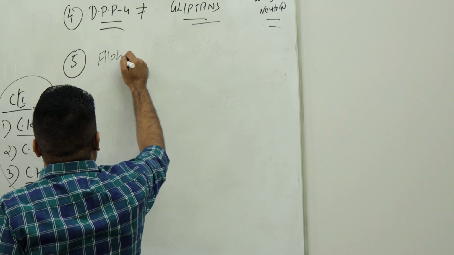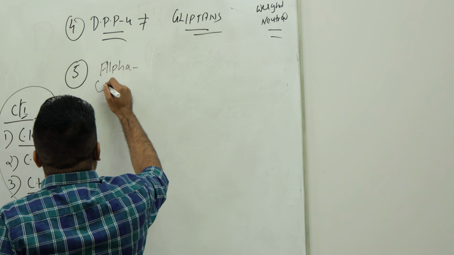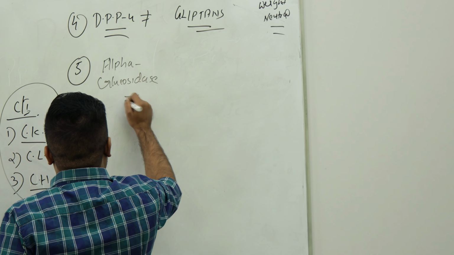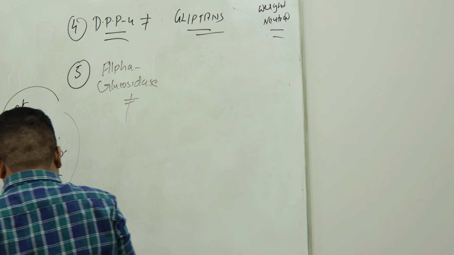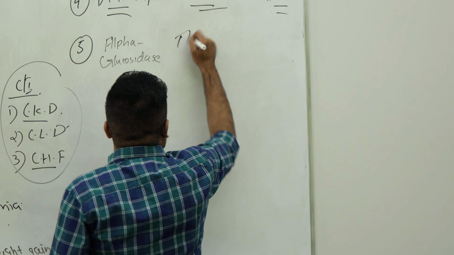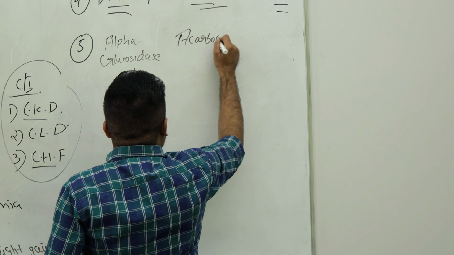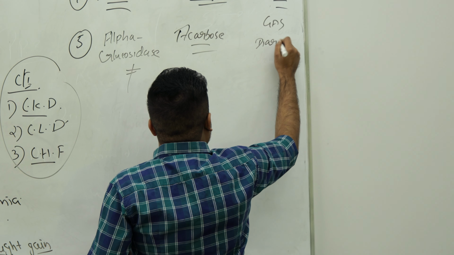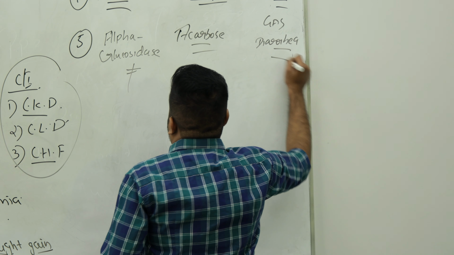Then we have some drugs called alpha glucosidase inhibitors, the drugs like acarbose. The problem with acarbose is they will cause gas or diarrhea.